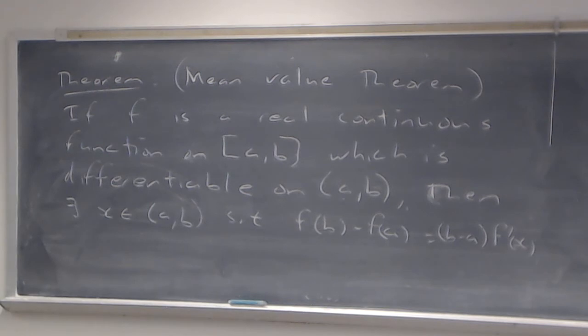So this is, in a sense, a corollary to the Cauchy mean value theorem. Here's why I said it's kind of correlated. It can be seen in the proof. So we'll just go ahead and get started with the proof.